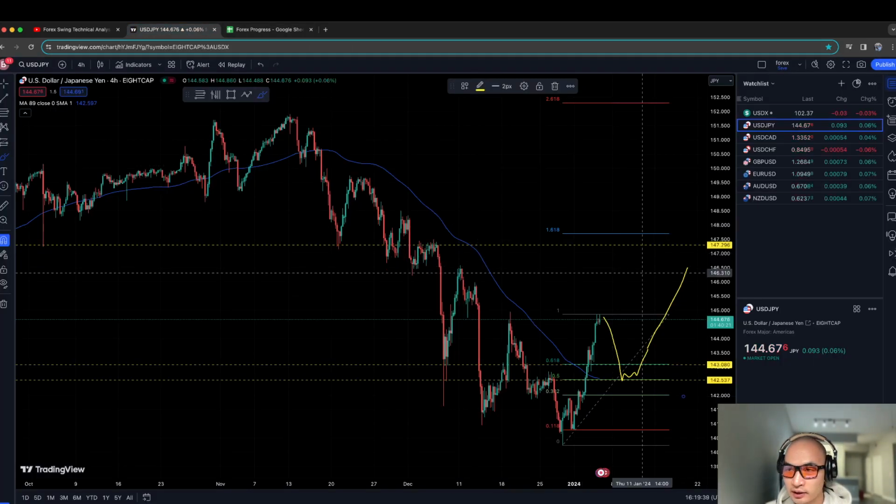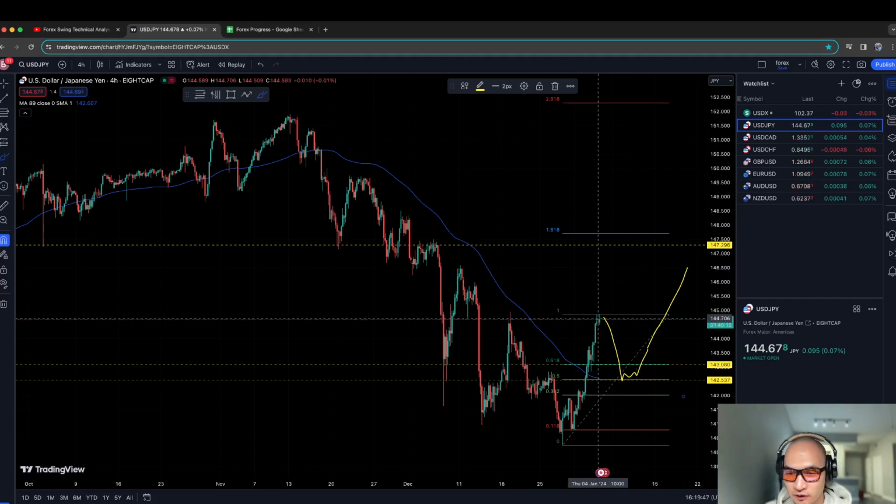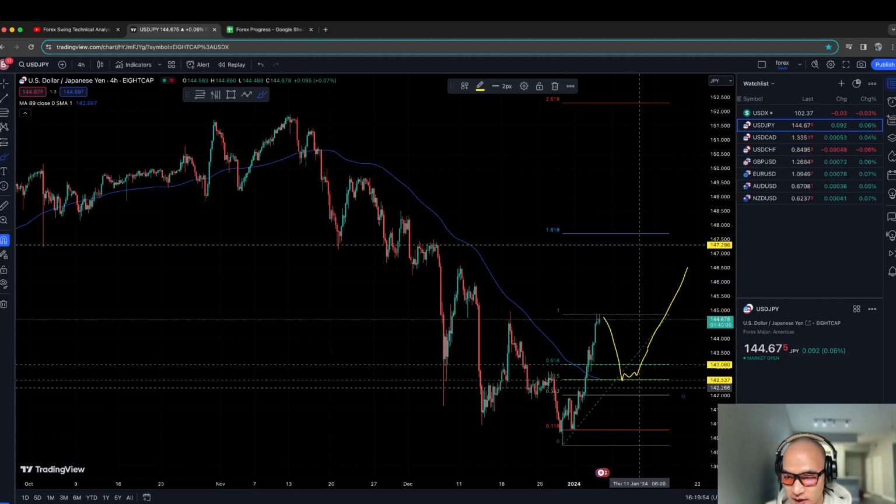Overall the dollar is strengthening, and it's likely that the dollar will continue to strengthen against Japan yen. Here is the first up leg. I want it to retrace at least into this retracement zone around 143. Then I will start buying USD Japan yen.